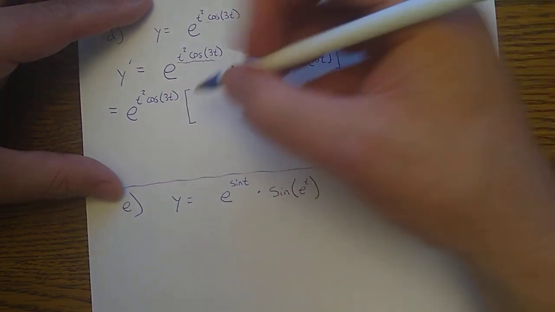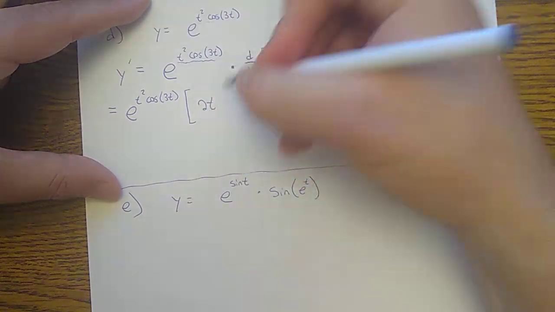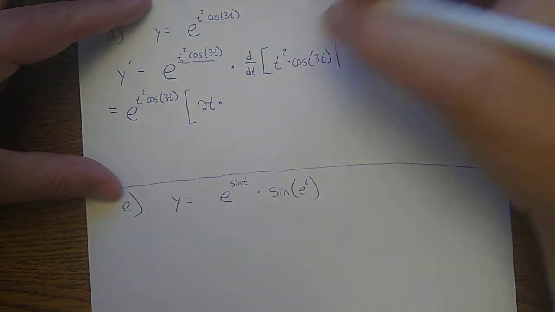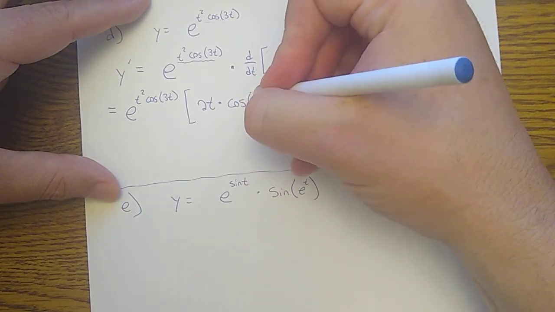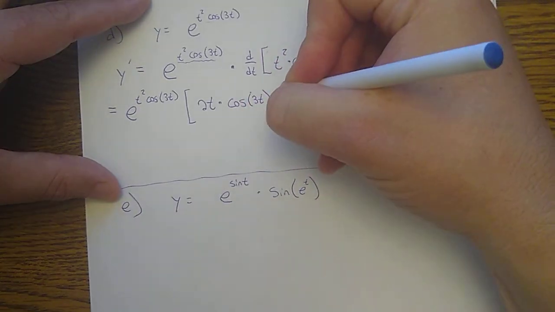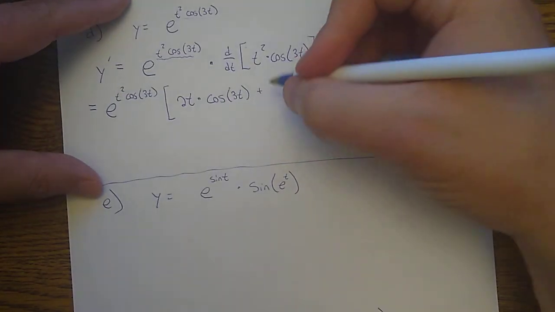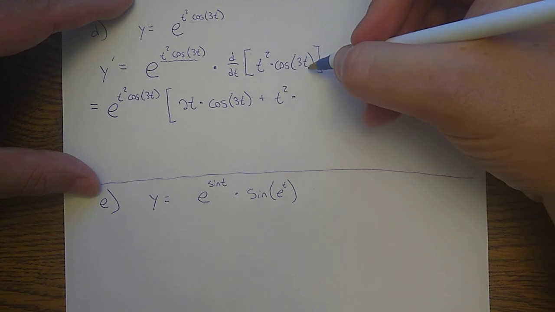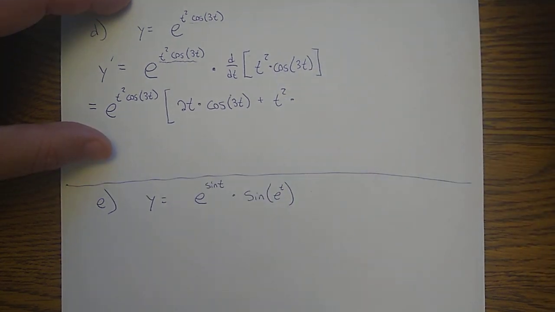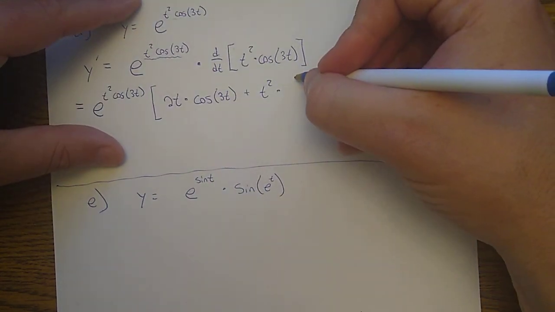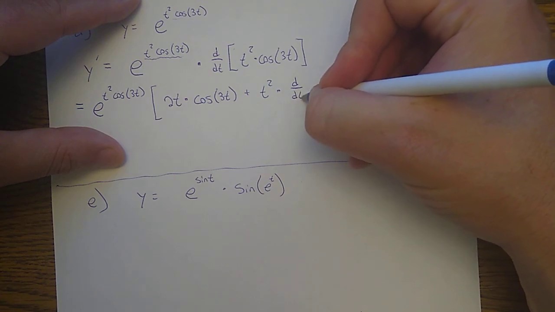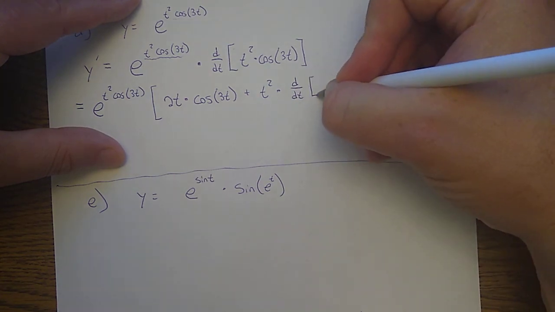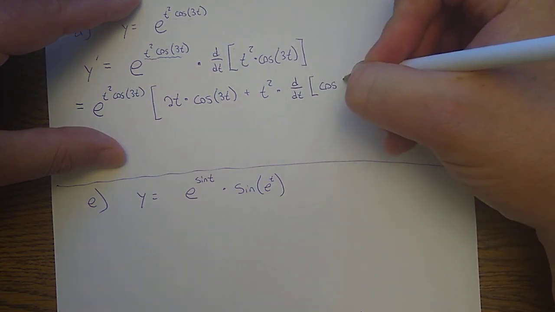I'm going to do the derivative of t squared, and then I'll leave that alone. And then now I'm going to do t squared times the derivative of cosine 3t, which maybe I don't even want to think about that right now.